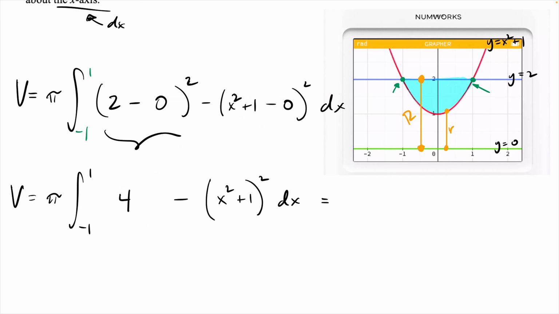Now you can put that into your calculator and tell me what you get. You get 13 point something. So I got 13.404.